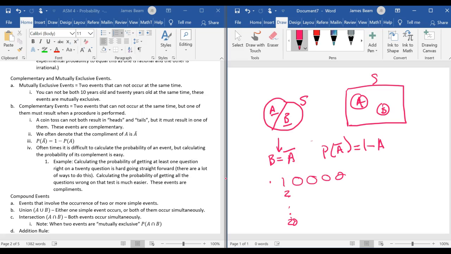So what's the probability of getting at least one right? That's kind of hard to do. But getting the probability of getting them all wrong is easier. The probability of getting the first one wrong is 3 out of 4 if you're blindly guessing, and there are 20 of them, so that's (3/4) to the 20th.